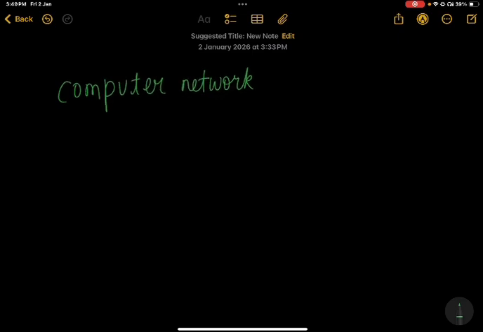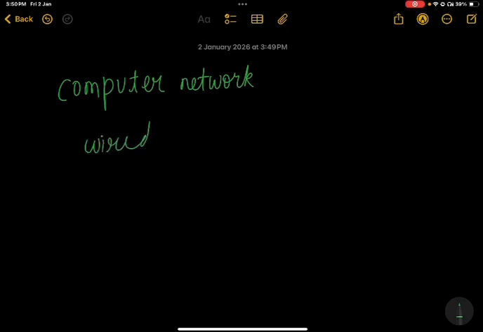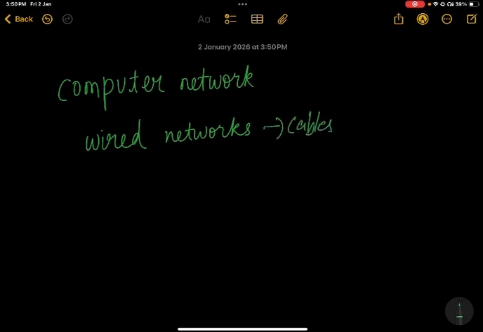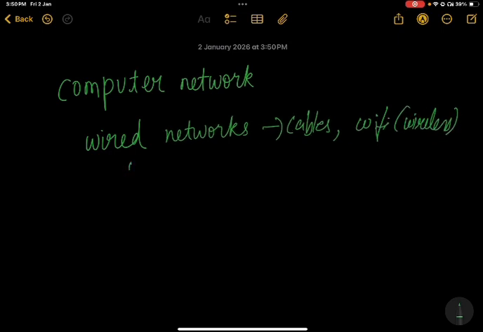A computer network is a collection of two or more computers and devices that are connected together to share data, resources, and information. These connections can be established using wired networks such as cables or optical fiber, or wireless communication media such as Wi-Fi.